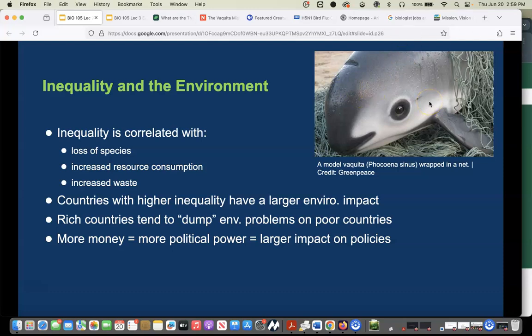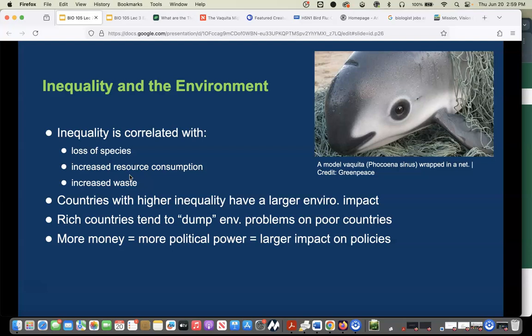They're more concerned with their day-to-day survival, with just being able to provide for their family. And so they may use these gill nets that are very harmful for the vaquita species, because they just simply can't consider the loss of this species. So again, inequality can oftentimes be correlated with loss of species, increased resource consumption, and increased waste.